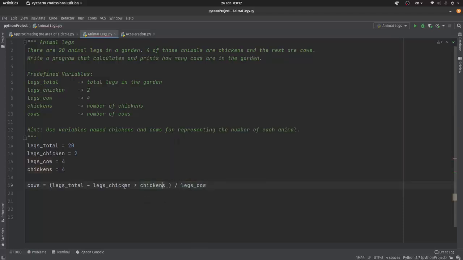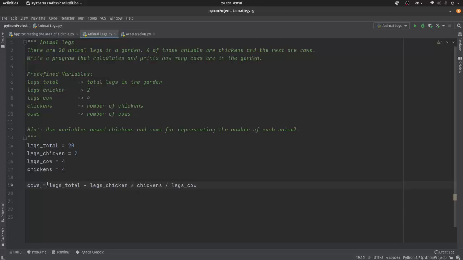Now here it is important to use parentheses. Why? Because Python, just like in real-world mathematics, obeys the law of precedence. What is it? It actually cares about which sign should be calculated first.